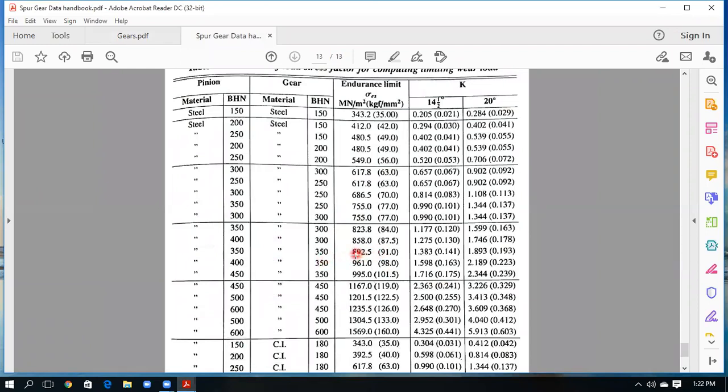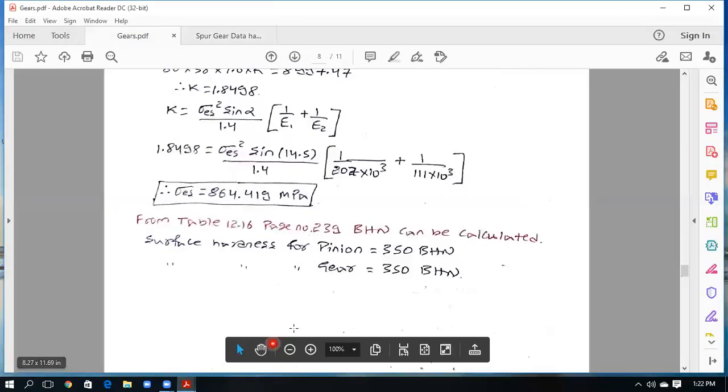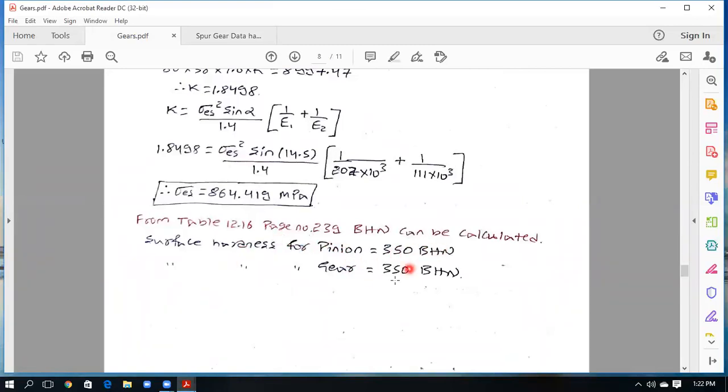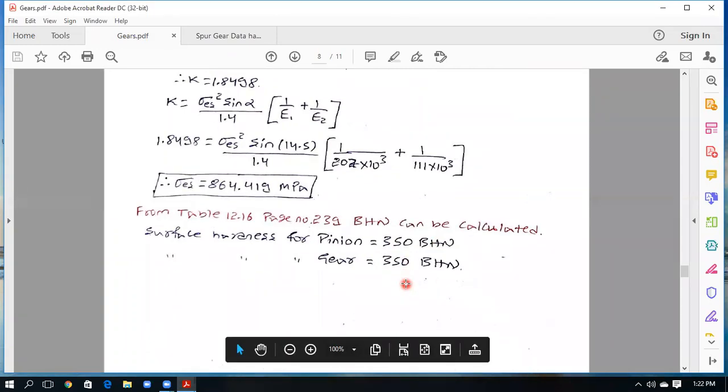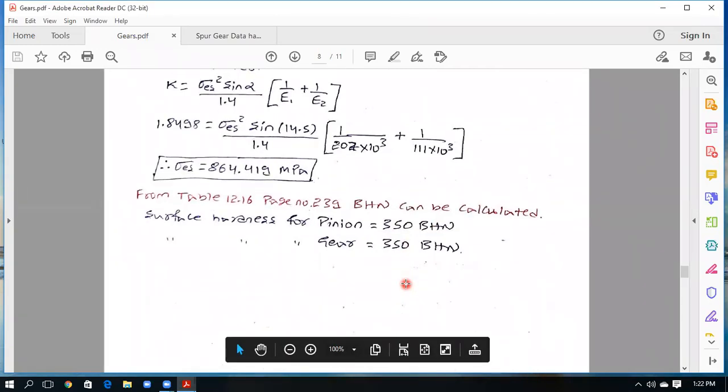Here it is almost near to this. We can take it as 350 and 350 for pinion as well as for gear. Here you can see that the surface hardness for pinion and gear is 350 BHN, Brinell hardness number. This is the complete design of Brinell hardness number.